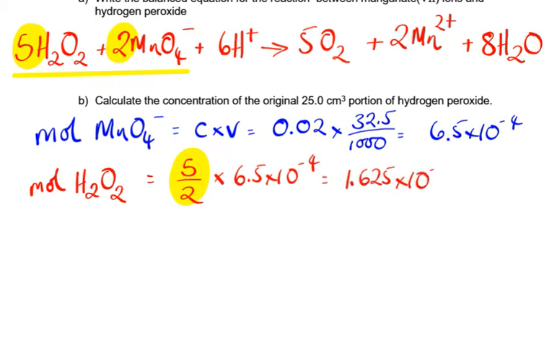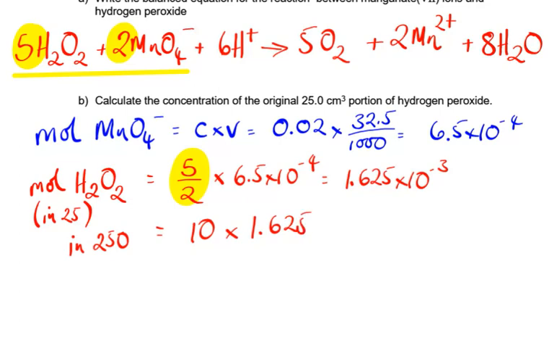Now remember that is in 25 centimetres cubed, so we want to scale up to get the moles of peroxide in 250. So we simply want to multiply this through by 10. Which gives us 1.625 times 10 to the minus 2.